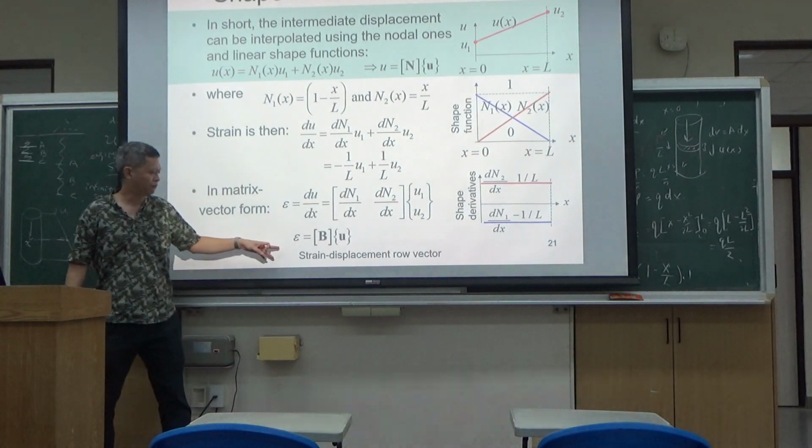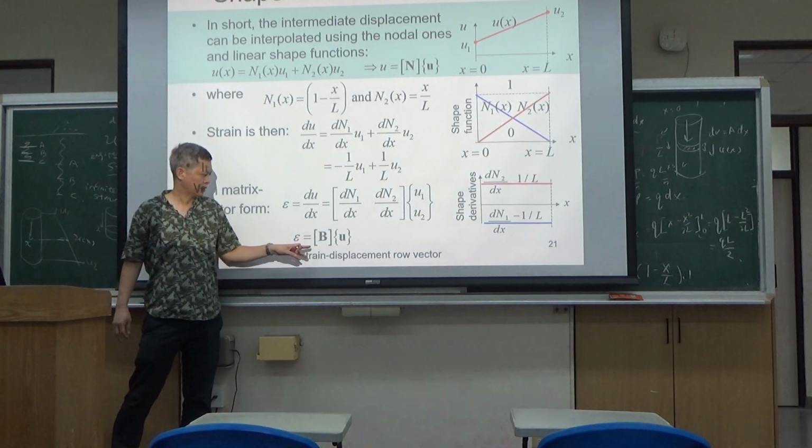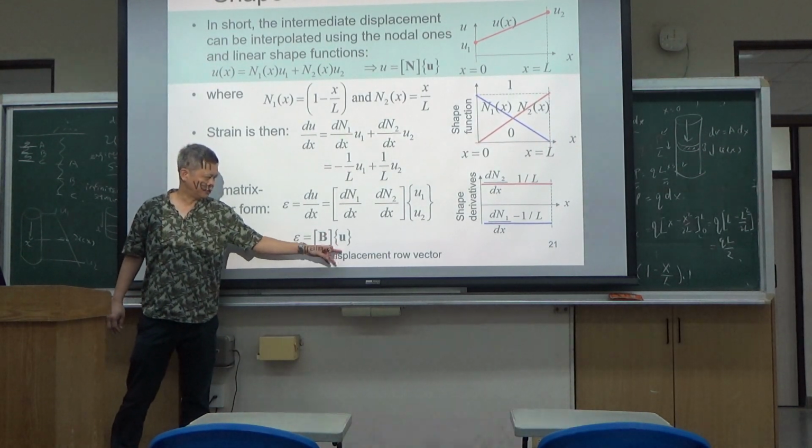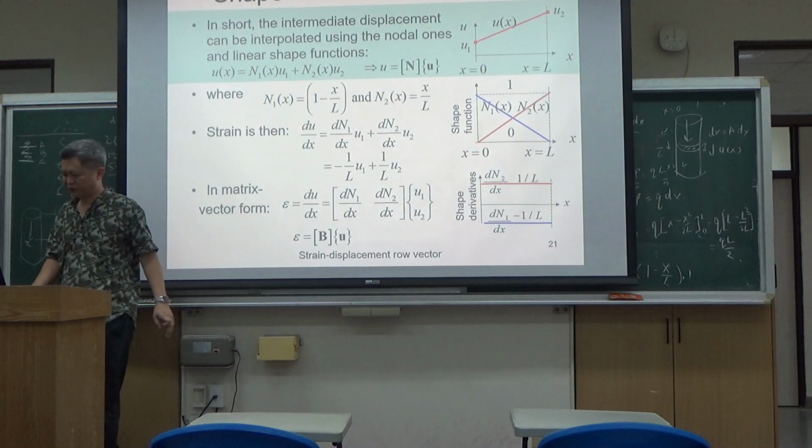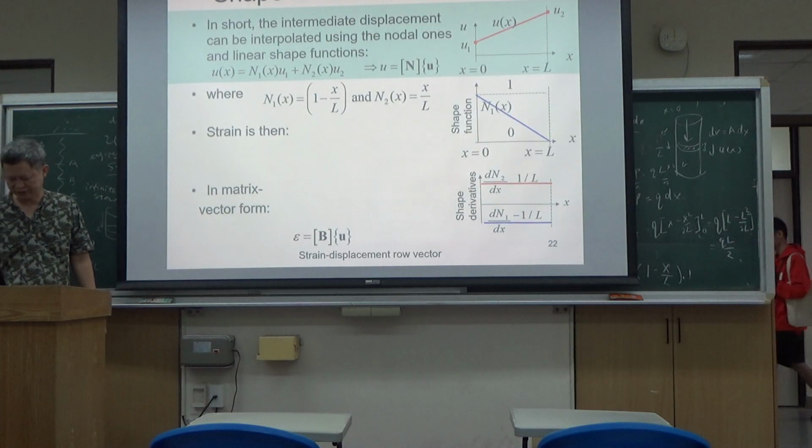As a result, I can write my strain as B matrix times U. This B matrix is the strain displacement matrix.